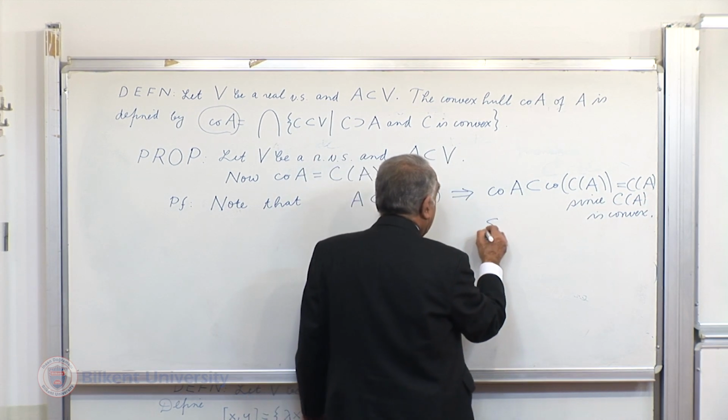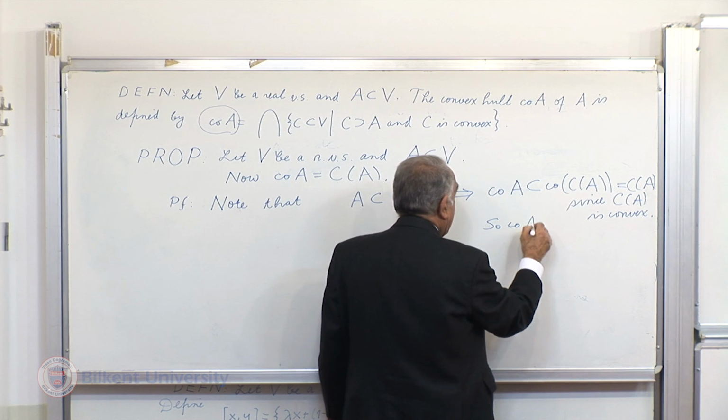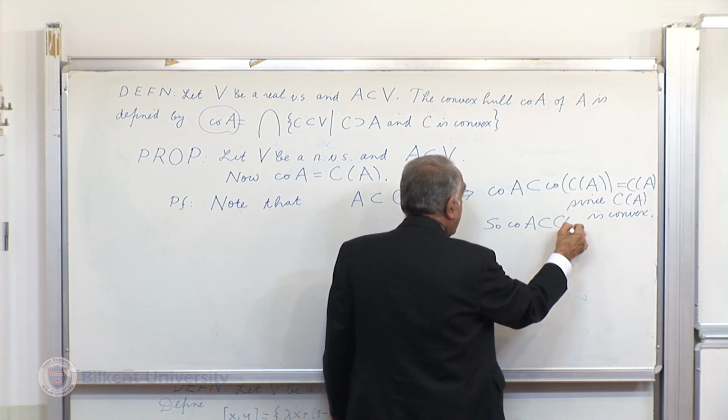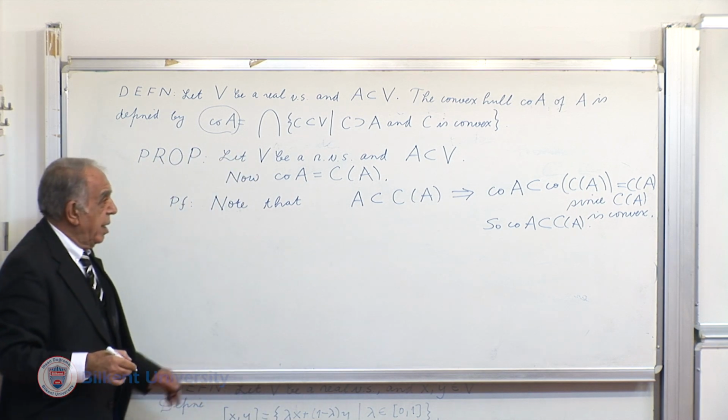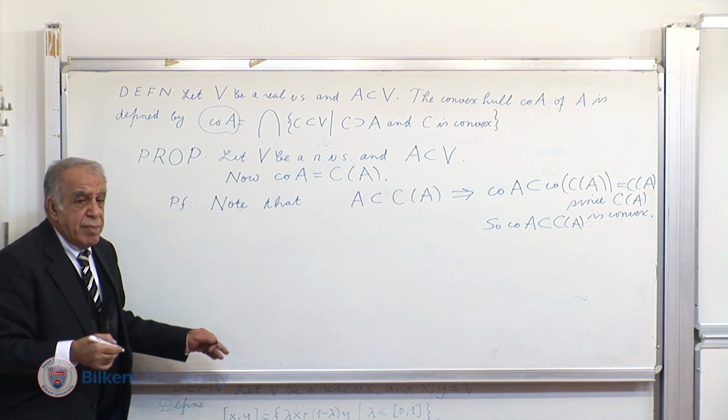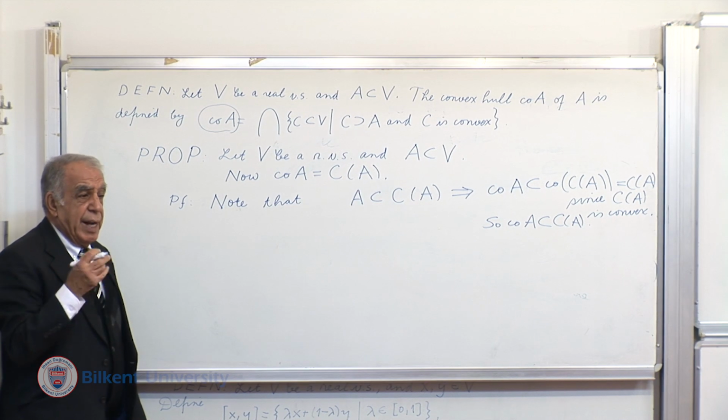Let me write that as well: the convex hull of A is contained in C of A. But now, let's do the same thing the other way around.